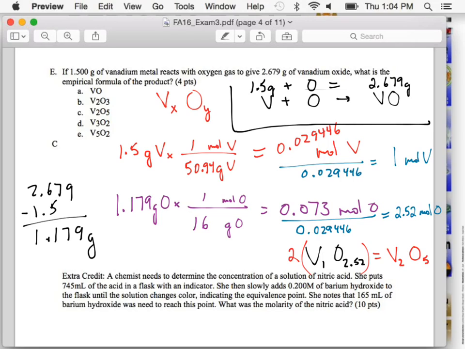There's a question on the 2.52. You took 0.073 divided by 0.029446. I ended up with 2.479. The 2.479 is fine, which is ultimately going to come out to 2.5 anyway.